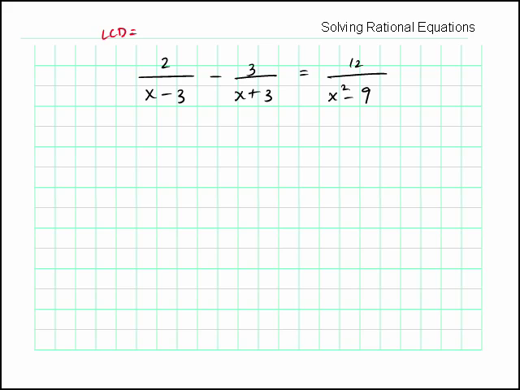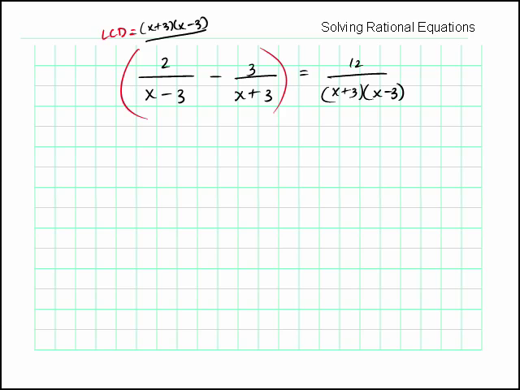I notice here that x squared minus 9 will factor to x plus 3, x minus 3. So what I would do first is actually just write that in its factored form. There it is, x plus 3, x minus 3. The LCD for the entire equation is x plus 3, x minus 3. So I'm going to multiply both sides by that.